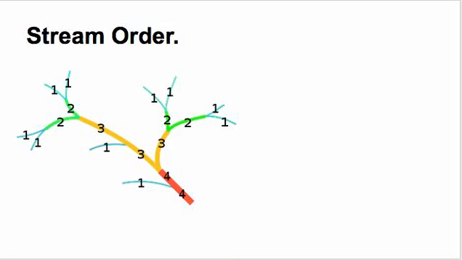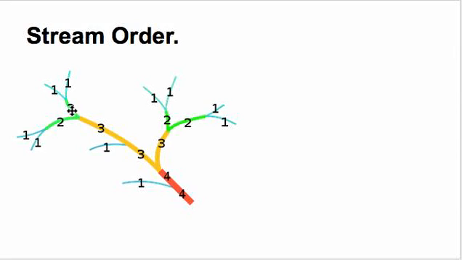One thing that you need to understand is the concept of a stream order, and that's quite easy to understand. So we'll start off with streams here coloured in blue, and they're what we call a first order stream. When we get two first order streams joining together, it makes a second order stream.